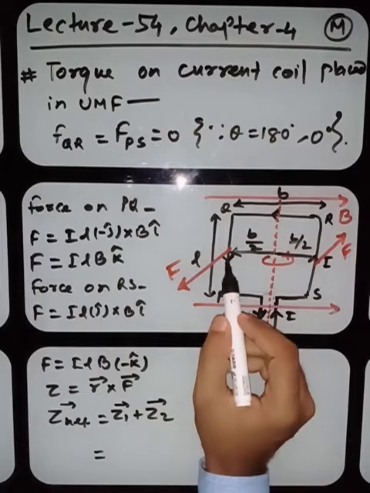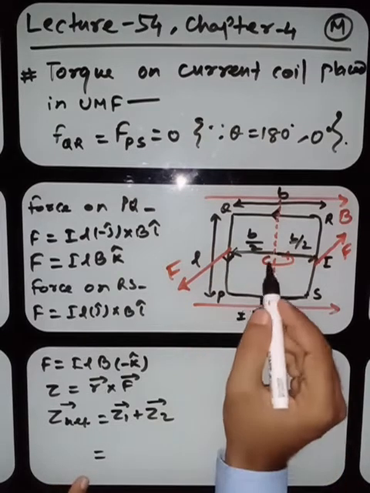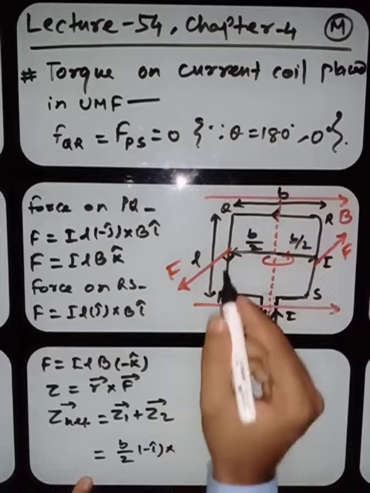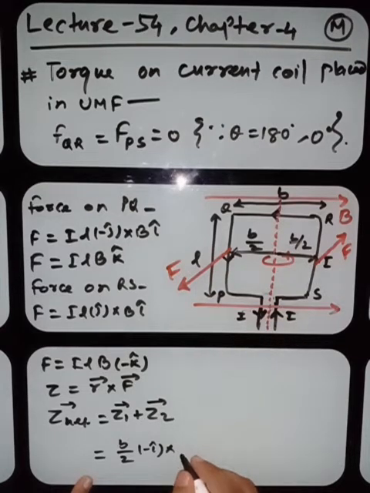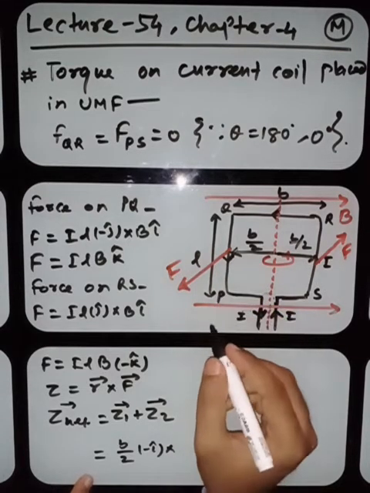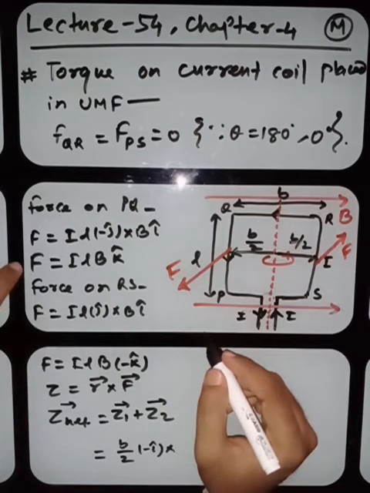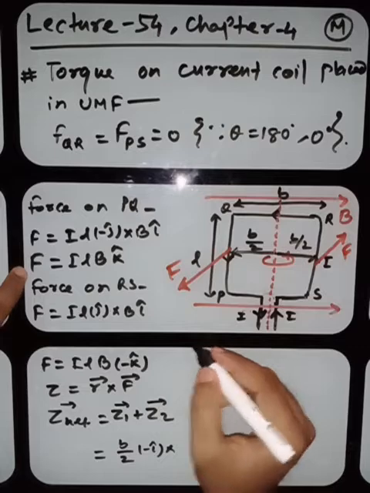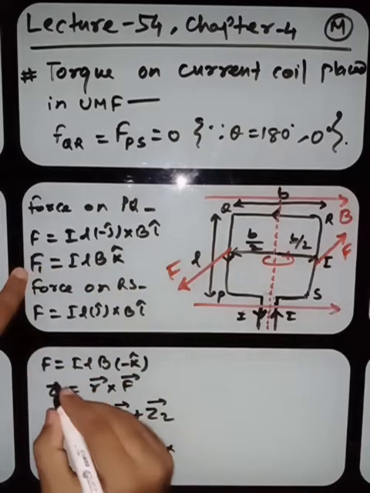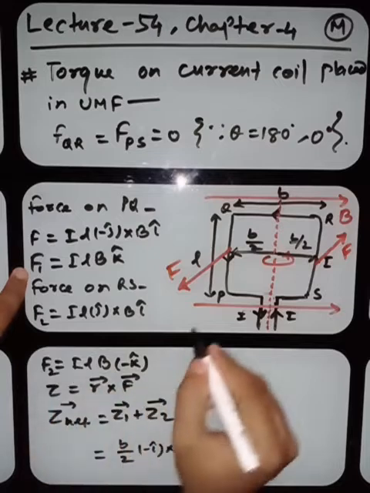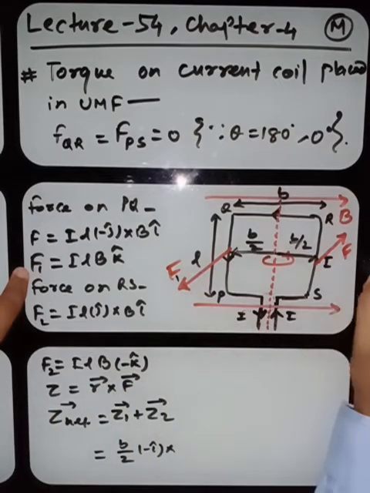Here for this force, R is b by 2, the direction is minus I, cross F, and this F is the first F in PQ direction. Let me write F1 and F2 so we will not confuse. This is F1 and this is F2.